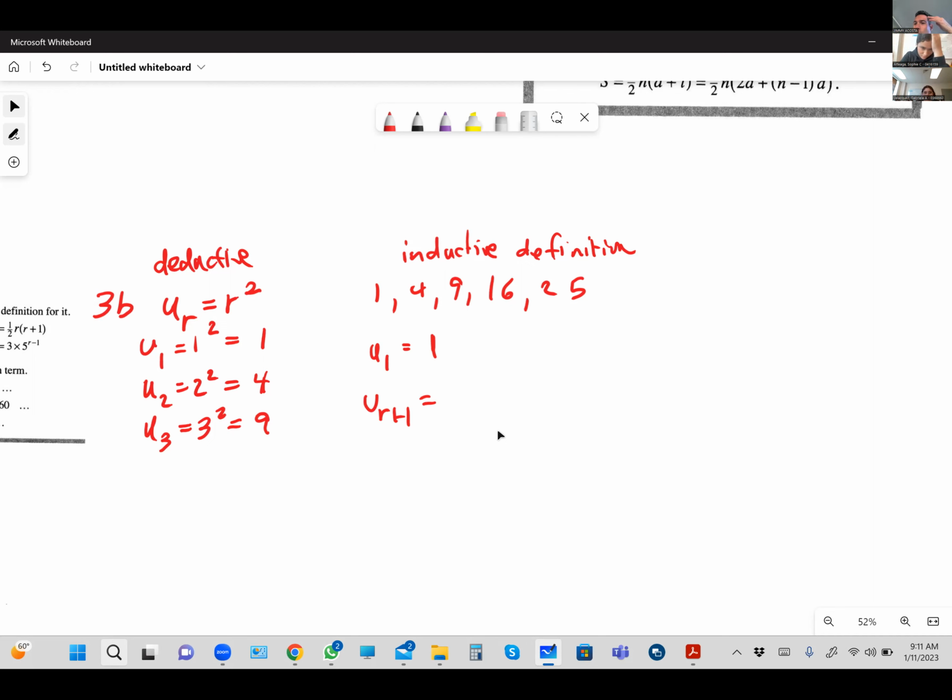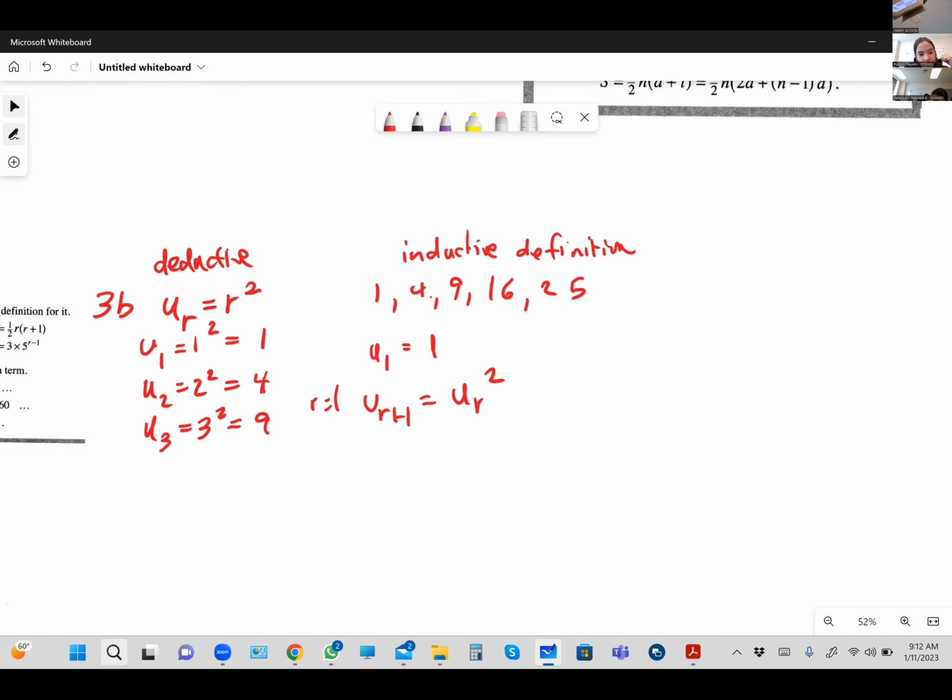All right. So what's clearly happening here? When I put r equals, go ahead. It will be u of r squared. All right, so you said it's gonna be u of r squared, right?